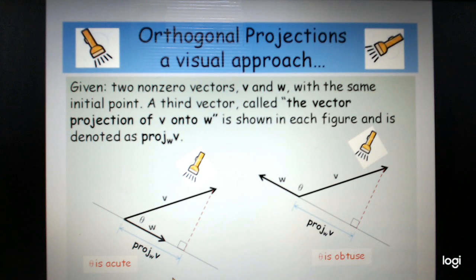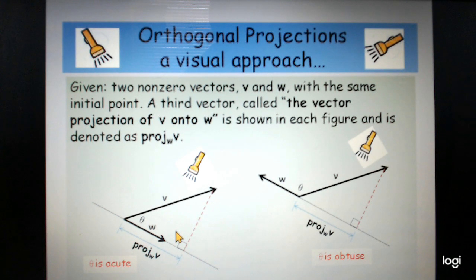The orthogonal projection of vector v onto a line which contains vector w is this length right here. So this is the orthogonal projection of v onto w. Now, we've seen diagrams like this many times in the past. This is a right angle, so we have a right triangle here.